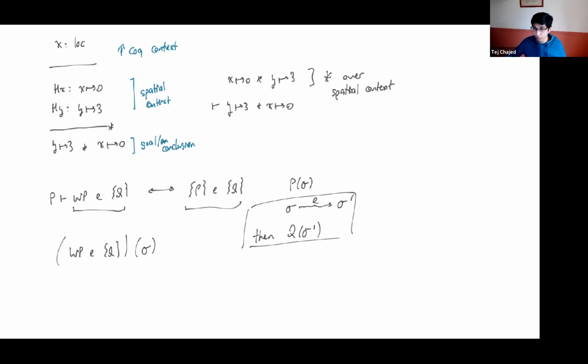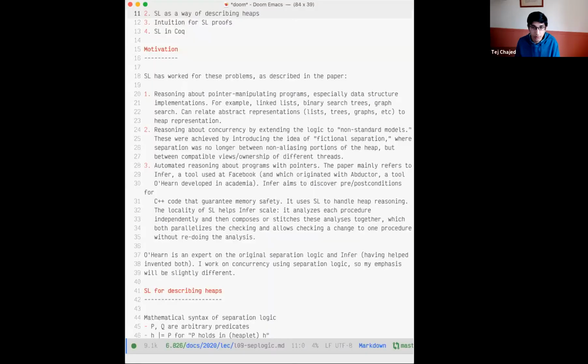Okay, so I'm going to switch over to Coq and just go over this deletetree example briefly, but using Coq instead of paper. I will skip over this part for the most part.